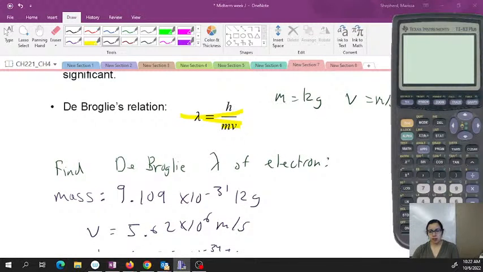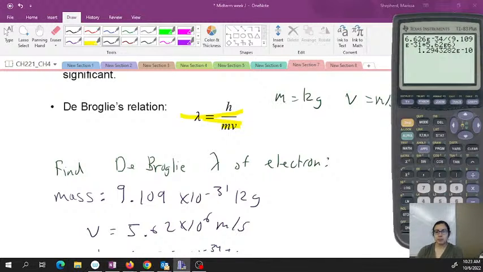Plugging it into our formula, 6.626 times 10 to the negative 34 divided by, and don't forget your parentheses, my mass times my speed, so divided by my momentum. And now we get the wavelength.